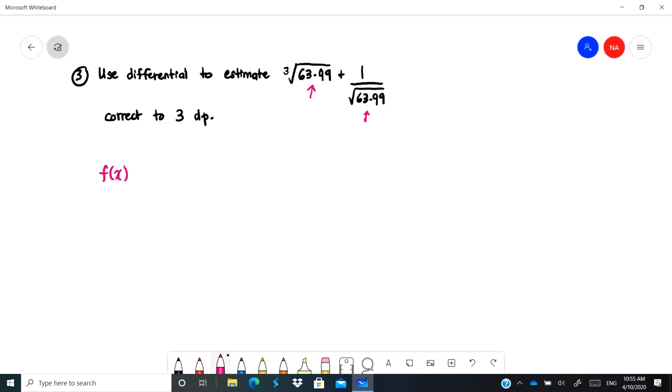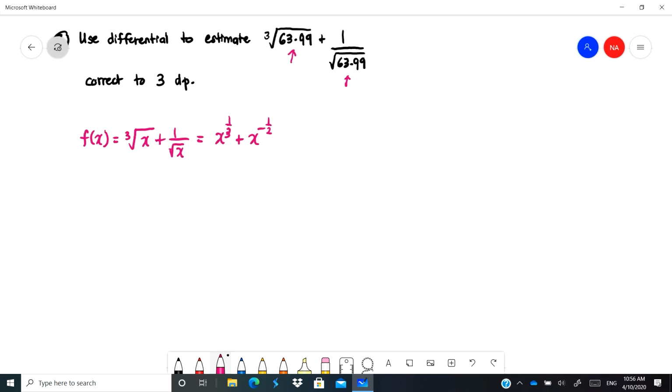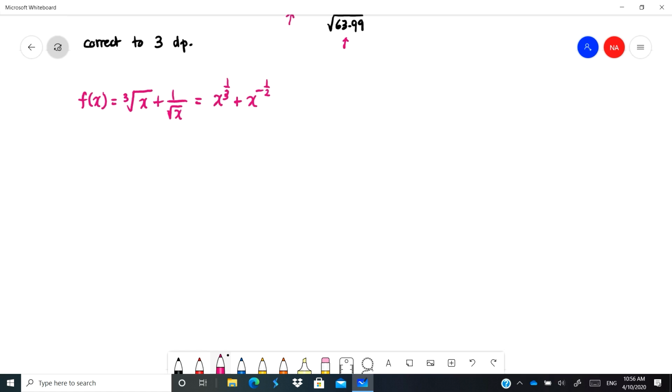So f(x) is actually given by, all right, the function, we assume this is x, so we'll have something like cube root of x plus 1 over square root of x, or we can write it in the form x to the power of 1 over 3 plus x to the power of negative 1 over 2, that one is for f(x). So next step, we'll have to differentiate that f(x), or f'(x).